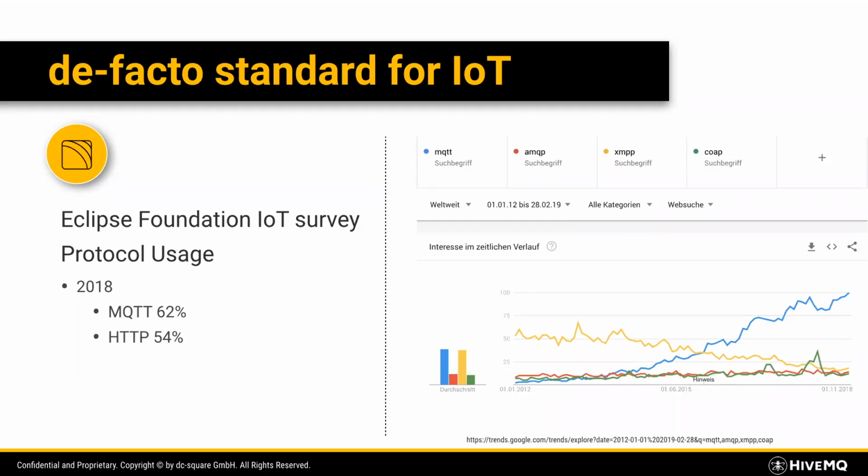And in our everyday business, we help our customers move, in many cases, away from HTTP and to MQTT. Why we do that and what the advantages are, I will talk about shortly. Also, you can see the Google Trends for search terms, and you see that MQTT is very much on the rise.